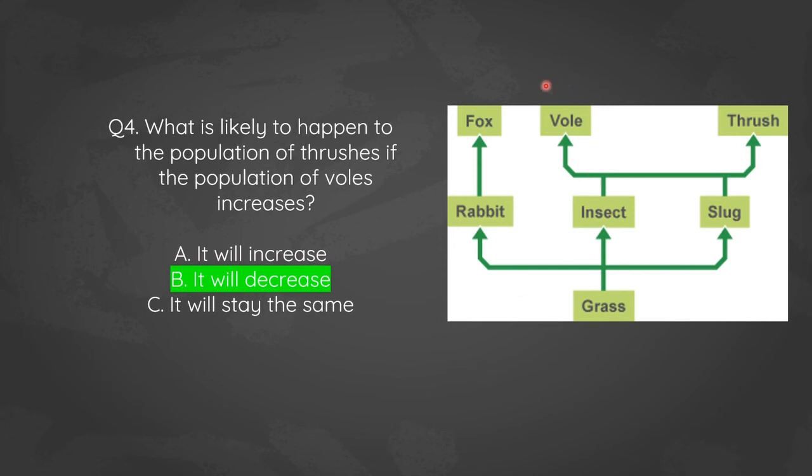If you look closely on the food chain, you will see that the voles and the thrushes both feed on slugs and insects. So they feed on the same organisms. So if the population of voles increases, meaning there are more voles in the ecosystem, then the population of thrushes would decrease because there would be more competition for food.